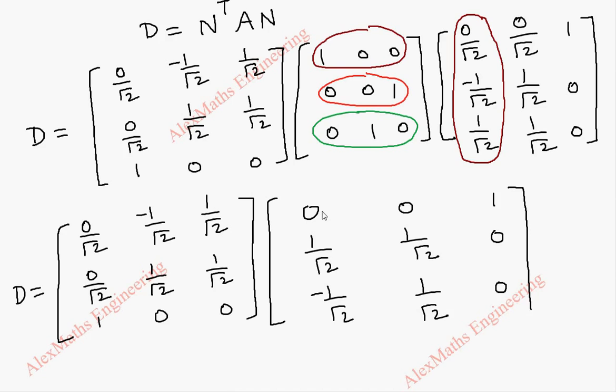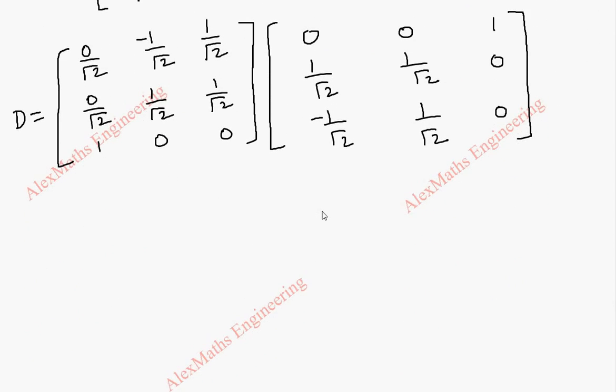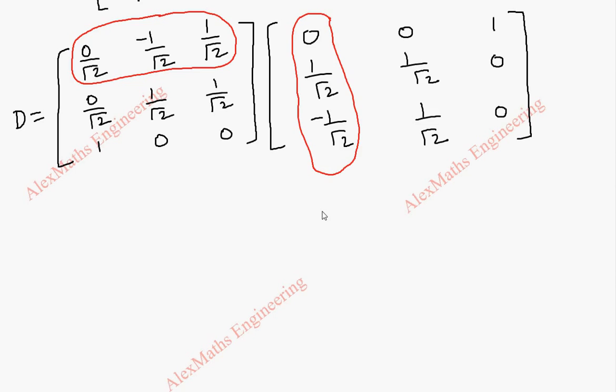And after this we are going to multiply these two matrices. I take the first row and multiply with the corresponding elements of the first column. So D equal to: first will be 0, second will be minus 1 by root 2, again minus 1 by root 2.